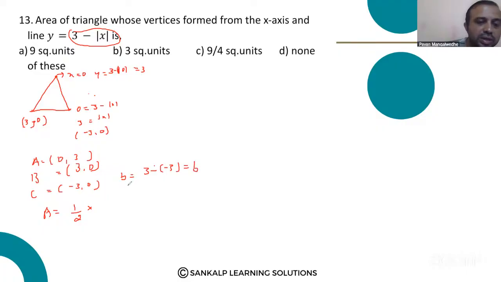And height is 3 minus 0, that is 3. So that is half into 6 into 3, which is 9. So 9, option A, is the correct answer.